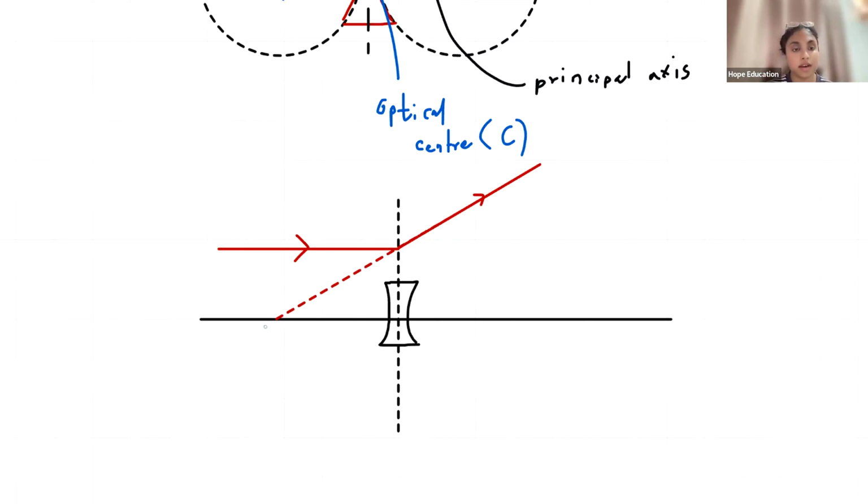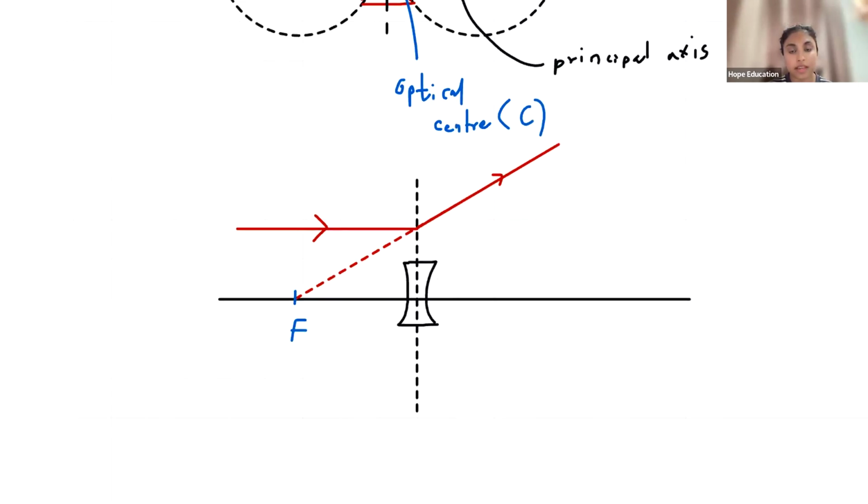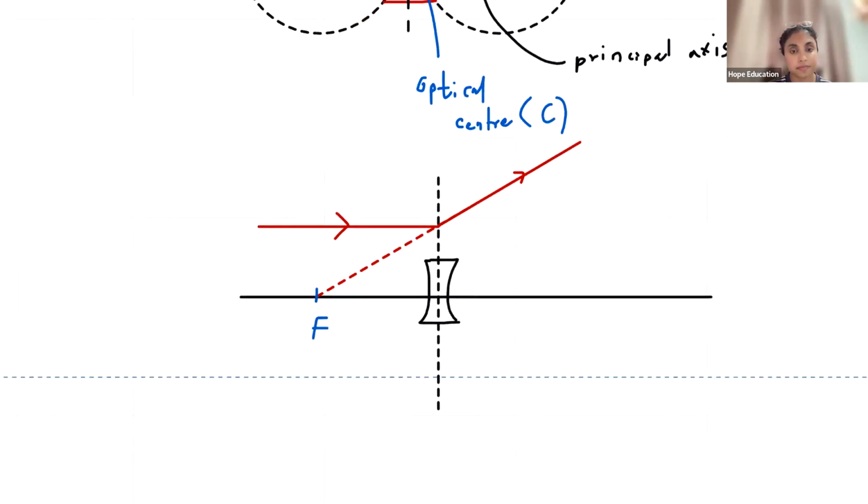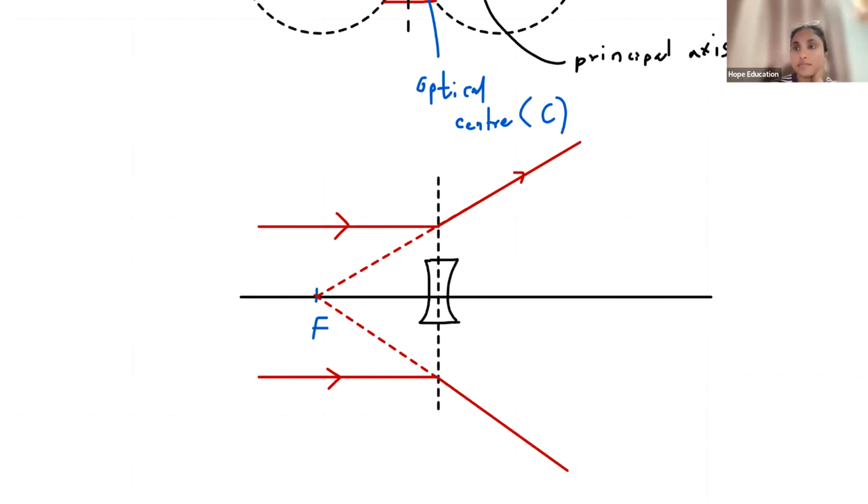So if I show you another one, I'll send another parallel light ray like this. It will also refract outwards as if it is refracted from the focal point. It is refracted outwards as if from the focal point. That is how concave lenses work. Is it clear? Give me a thumbs up if this is clear.